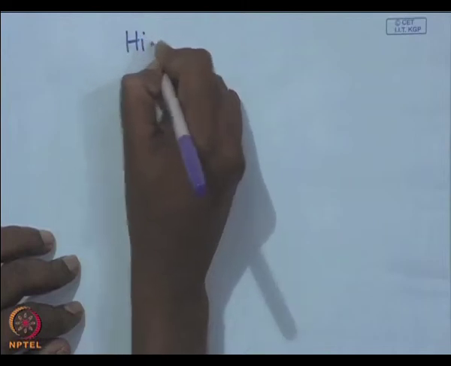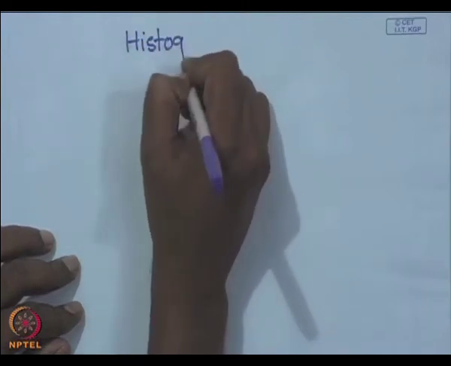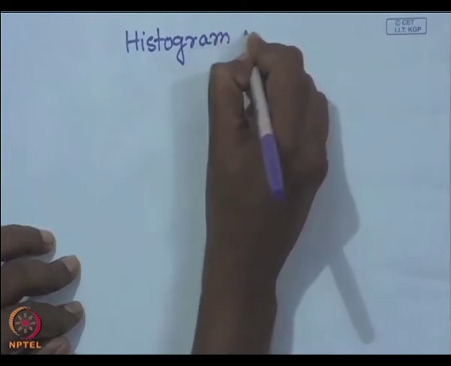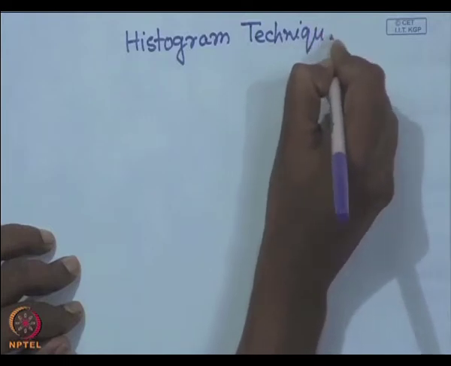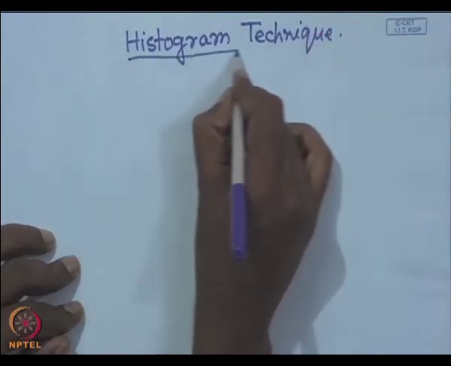So, we will first explain the concept using a scalar variable case, where I have a scalar variable x, and then we will extend the concept to multiple dimensions, when we have features which are not scalar, but feature vectors having multiple components.